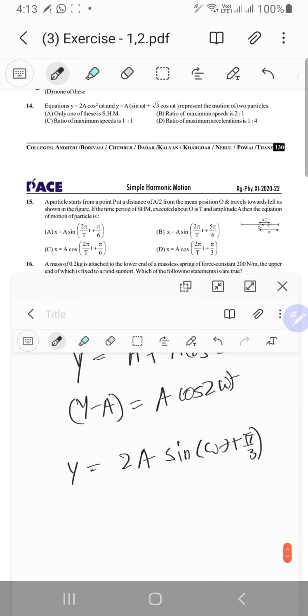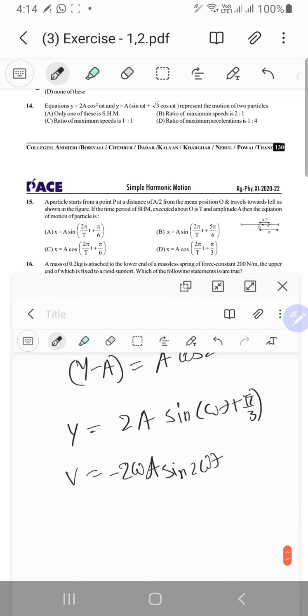Fine. So just find the v maximum. v would be 2 omega a minus, actually, sine of 2 omega t, right? So it's maximum when this thing is 1, and this is actually positive.